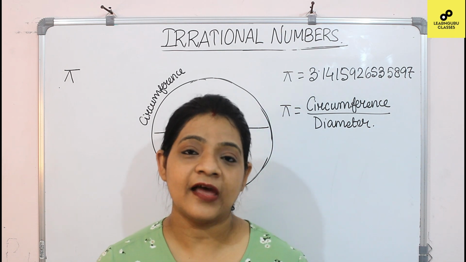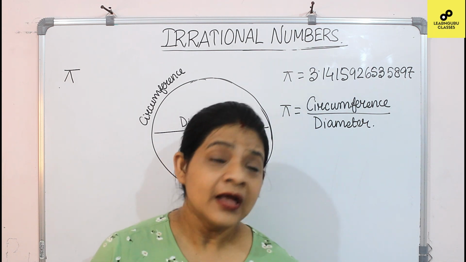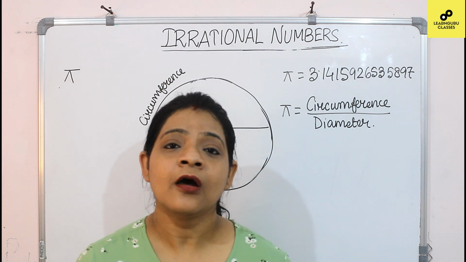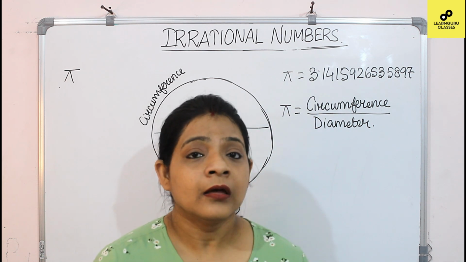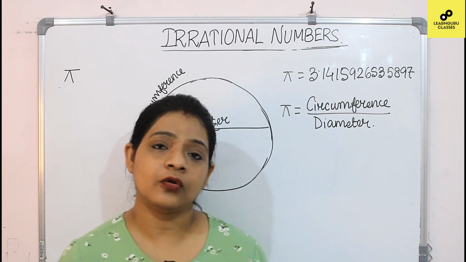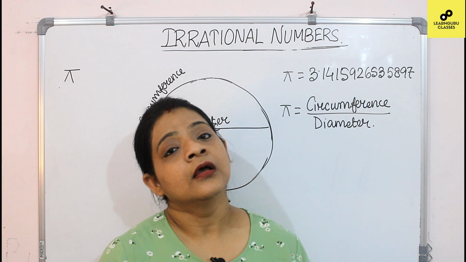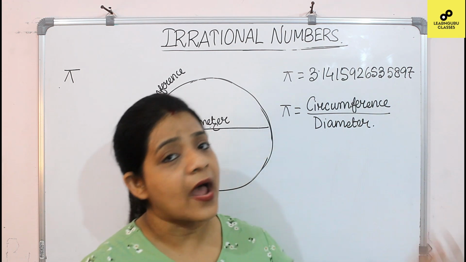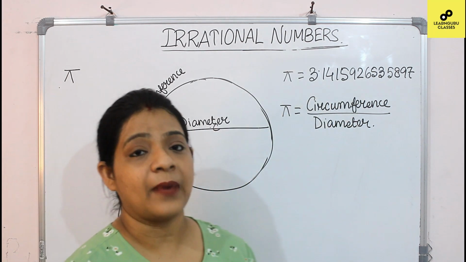Now I am going to tell you about an interesting example of an irrational number, that is pi. You have heard of the name pi and you have used its value extensively in your lower mathematics classes. Before coming to why pi is an irrational number, let us know what pi is.